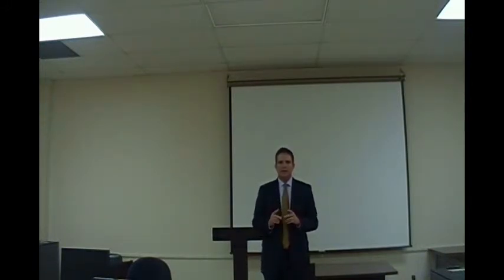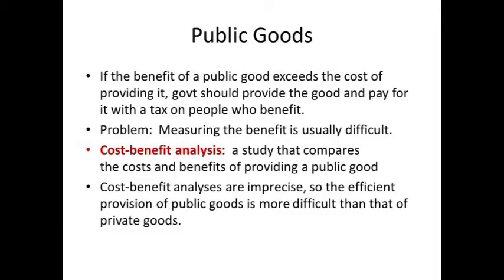So if the tax is less than the value of the fireworks display to each individual, everyone is better off. Remember we talked about principle number 7 back in Chapter 1. If you see a pattern, we keep talking about the principles all the way through. Government can sometimes improve the market outcome. If you have the fireworks show, vendors will sell food, the ice cream truck will stop by, and people will stop and eat in restaurants.